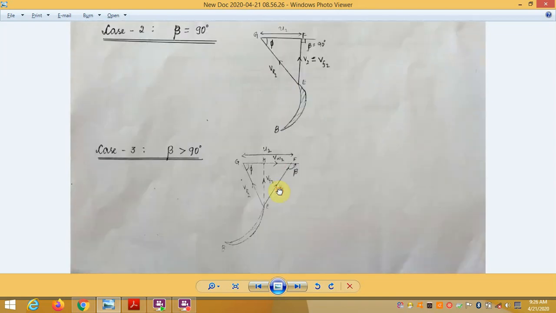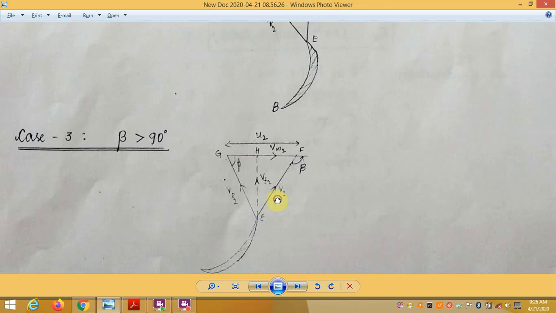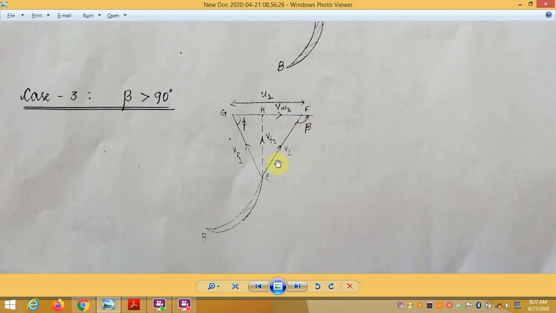Similarly, if beta is greater than 90, then here U2 will be from the line G to F, then this HF is equal to VW2. So this is the beta which is greater than 90, this is the 90 line.